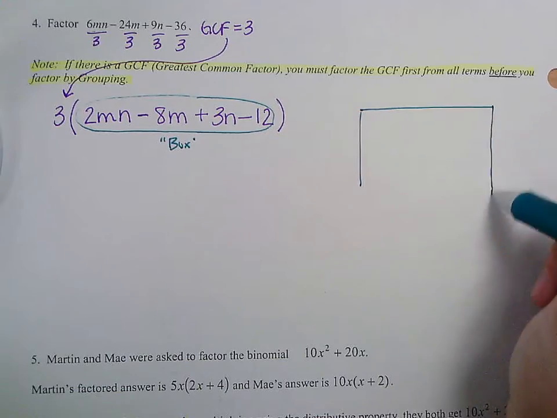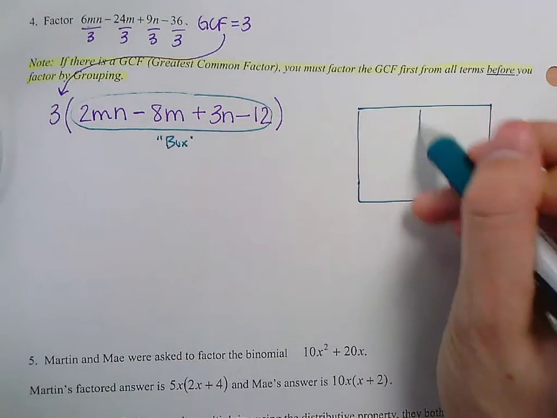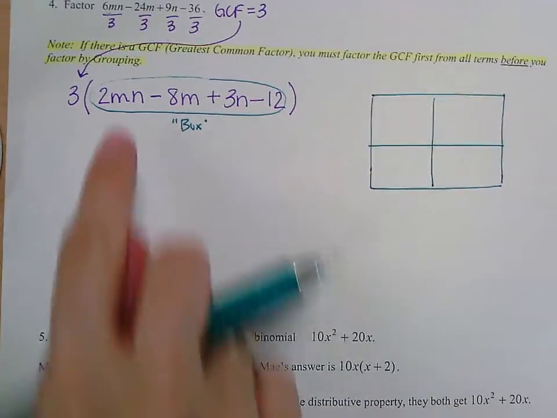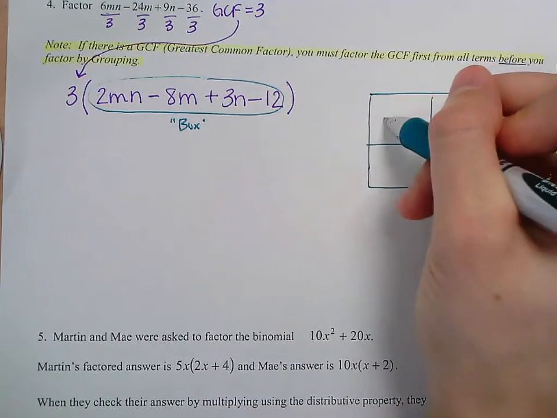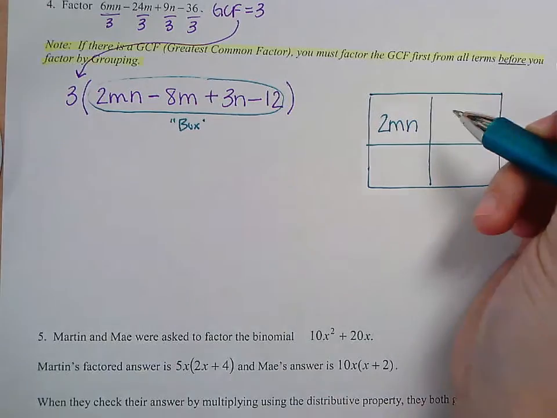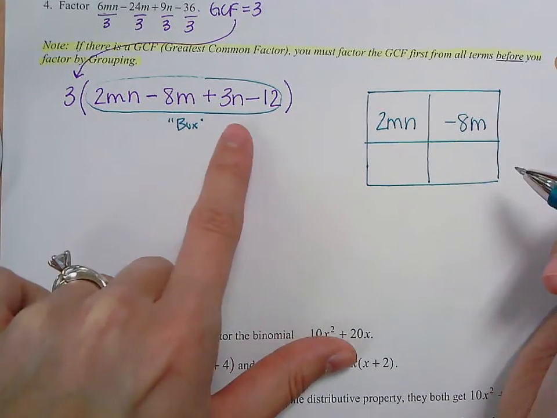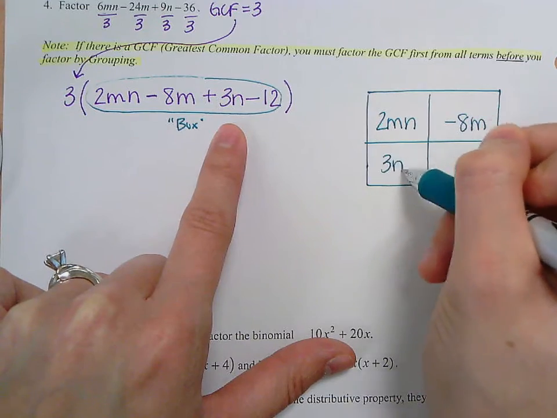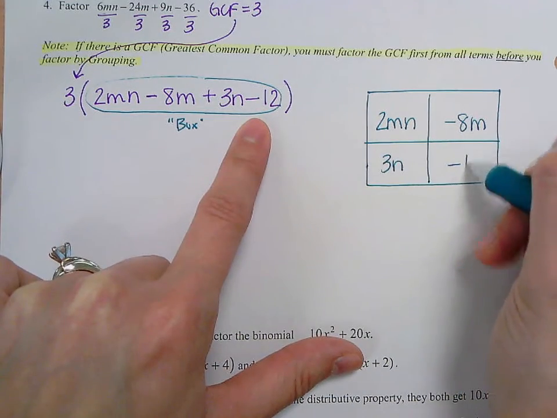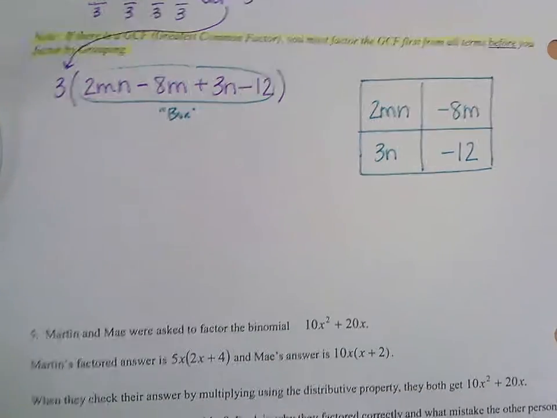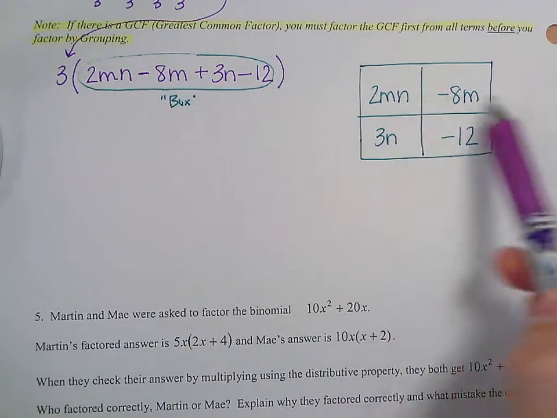So if I set up the box, my first box should have 2mn, then a negative 8m, then a positive 3n, and then a negative 12. Okay, and I do the box method here.